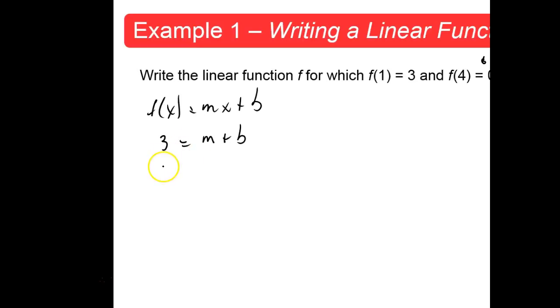Now let's do it for the second set. What would that tell you? 0 is equal to 4m plus b. I wasn't expecting to do it this way, but it certainly works. Now, what do you do from here?